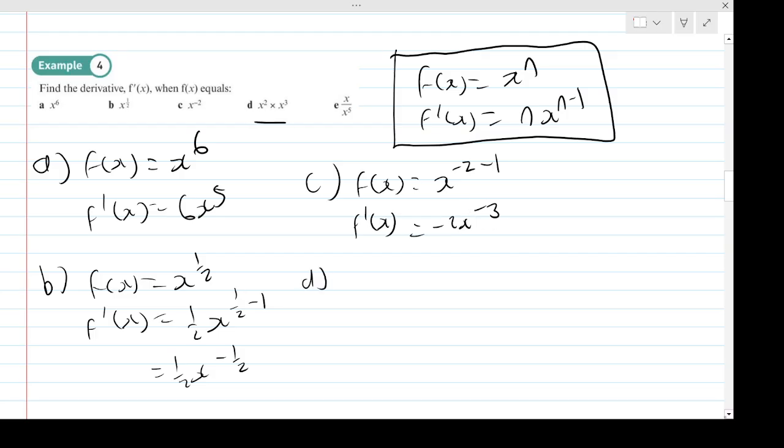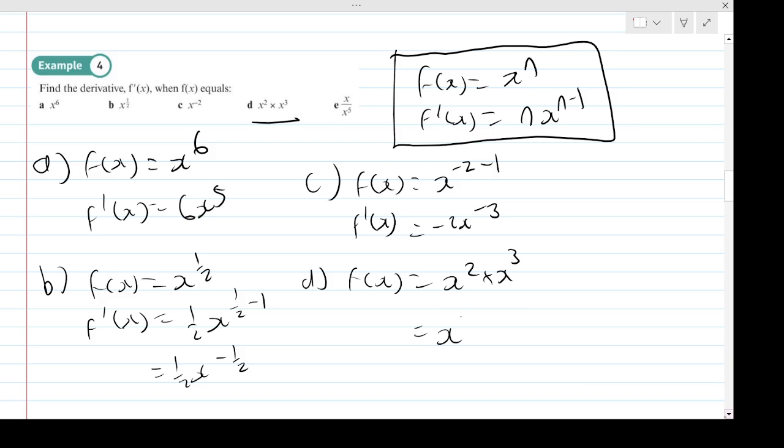Part D, we have x squared times x cubed. So f of x is x squared times x cubed. Now we can only differentiate or find a gradient of a single power of x. How can I bring it into this form here of x as a single power? We can use index laws. If we're multiplying two together like this, we can add the powers.